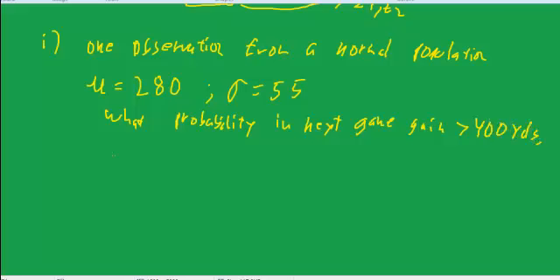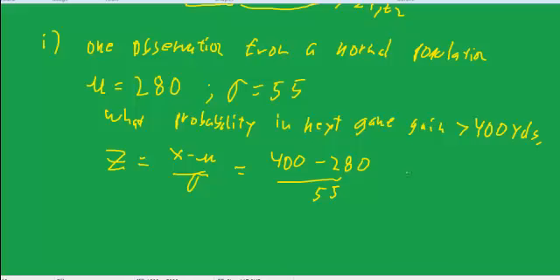Okay, so we would let Z equal x minus mu over sigma, where x is 400, mu is 280, sigma is 55, and then we'd take whatever that is. If I'd used 390, I'd get a nice round number, wouldn't I?